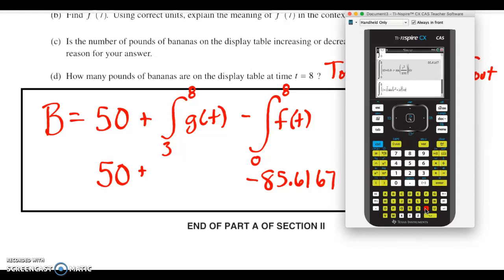All looks good to me. I'm going to put a multiply sign in between the 2.4 and the ln. I don't know if I need it, but we're going to go for it. And I'll hit enter.